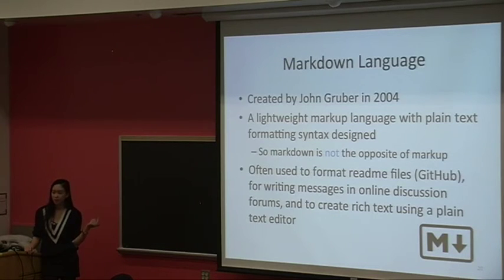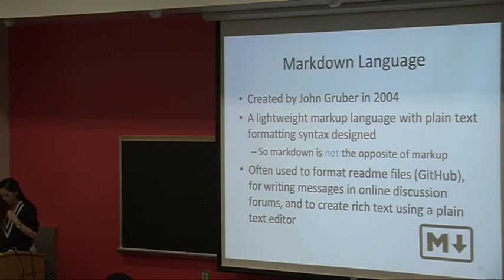That's Markdown. It's also used for writing messages in online discussion forums and to create rich text using a plain text editor. I haven't seen forums using Markdown before, but why would people want to use Markdown instead of another formatting language when writing on forums?